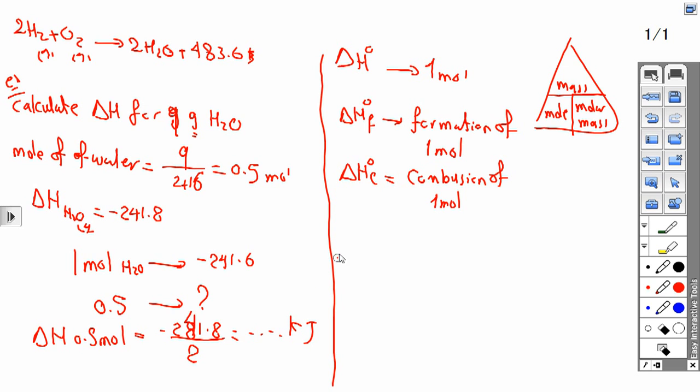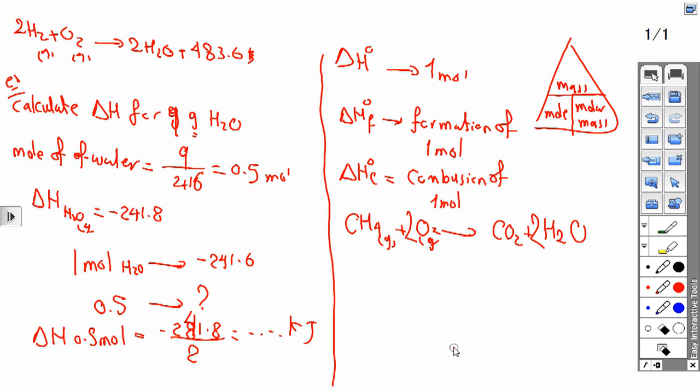For example, if CH4 gas reacts with oxygen gas O2 to produce CO2 plus H2O. Delta H for CH4 in this case is called enthalpy of combustion.